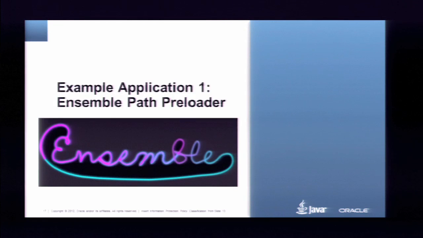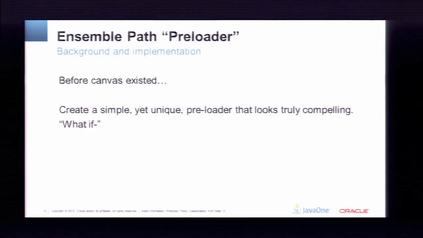So I'm going to go over an example application, the Ensemble path preloader. Way back, probably about a year ago, before Canvas existed, we were recording the screencasts that are on the JavaFX website, and we thought, wouldn't it be cool if we could have a preloader for JavaFX that isn't just a boring animating circle?